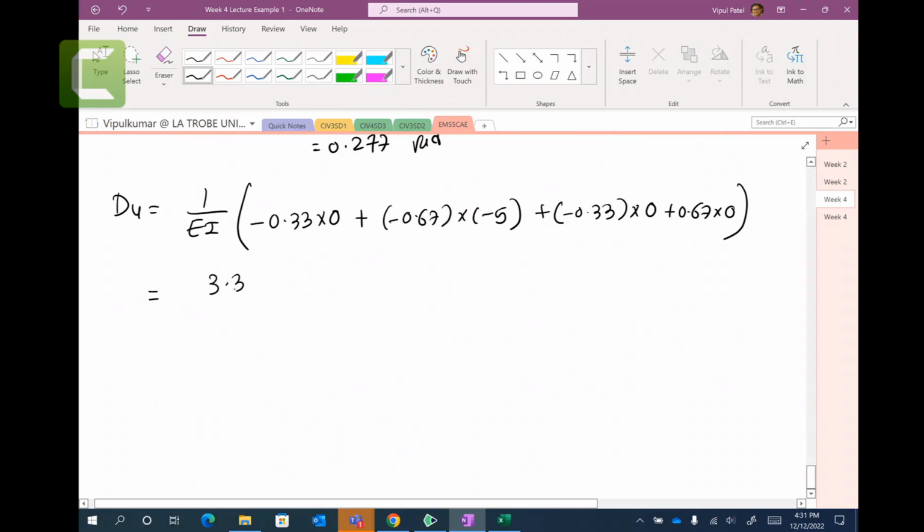You get 3.35 over EI, which is positive.